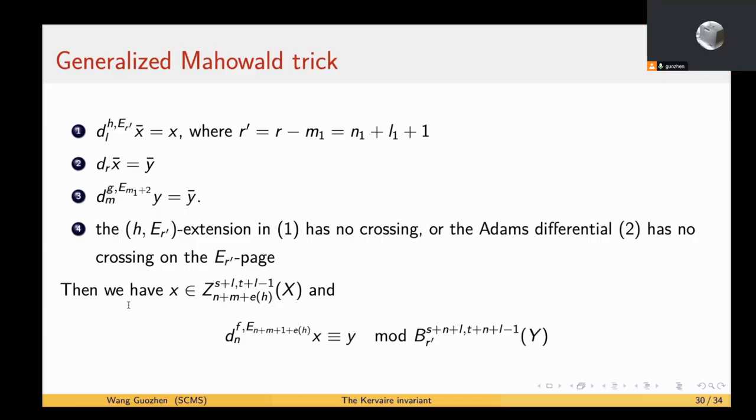Then we can conclude that x is an n plus m plus e(h) cycle in X. And also we have a non-trivial f extension from x to y, modulo certain boundaries, so modulo B r prime of s plus n plus l, t plus n plus l minus 1 of Y, so modulo the targets of differentials shorter than r prime in Y.